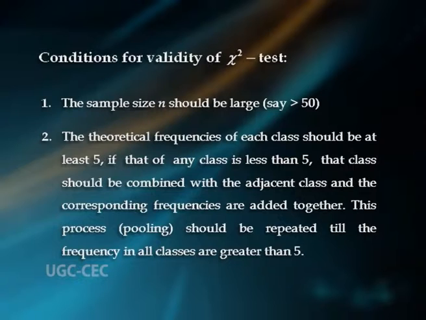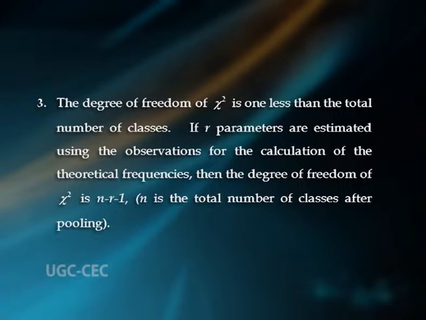This process of pooling should be repeated till the frequencies in all classes are greater than 5. 3. The degree of freedom of chi square is 1 less than the total number of classes. If r parameters are estimated using the observations for the calculation of the theoretical frequencies, then the degrees of freedom of chi square is n minus r minus 1, n is the total number of classes after pooling.